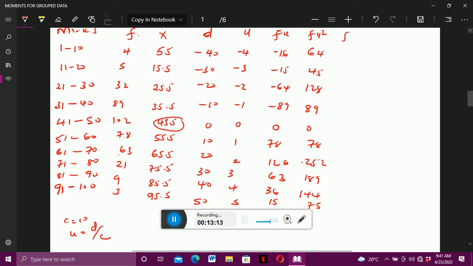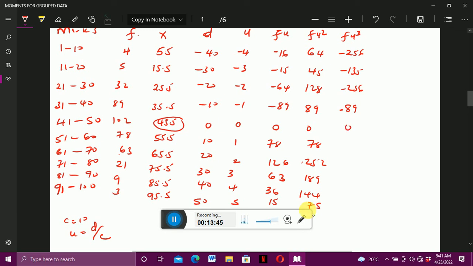We have fu raised to power 3. It's simply fu squared times u. So we get negative 256, negative 135, negative 256. Then we have 89, negative 89.